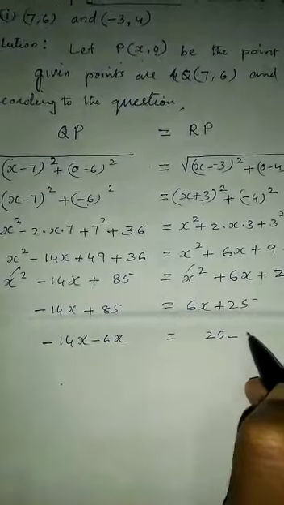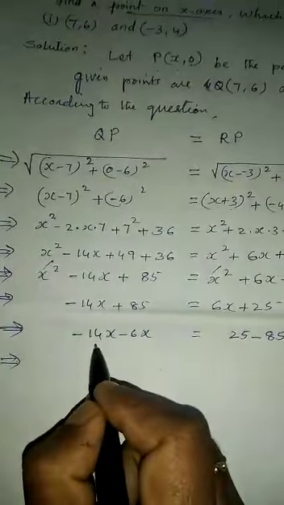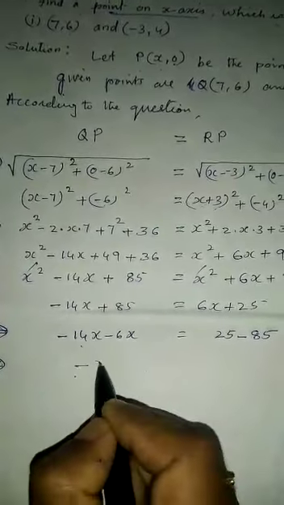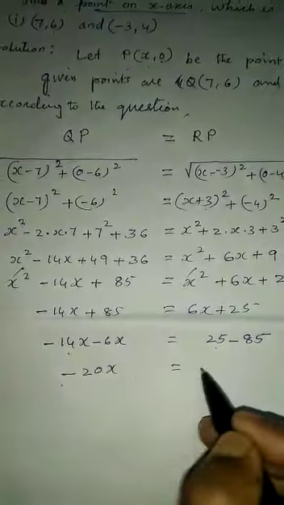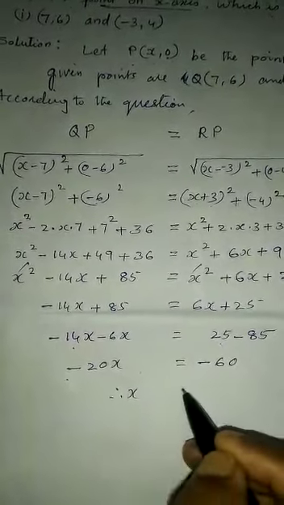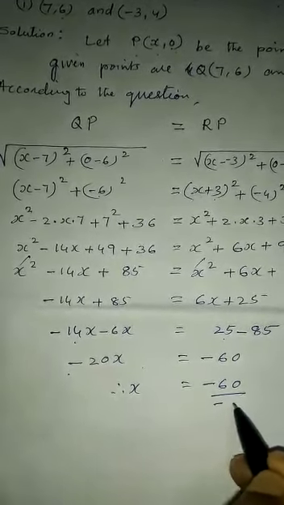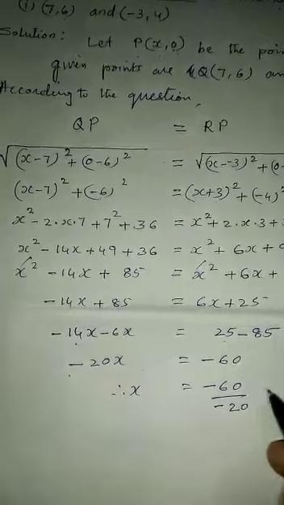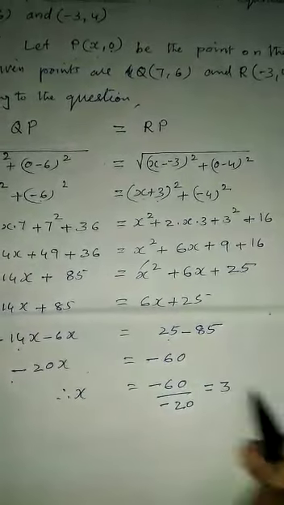So we get minus 85. Implies minus 14x minus 6x is minus 20x equal to 25 minus 85 is minus 60. Therefore, x equals minus 60 divided by minus 20, that is equal to 3.